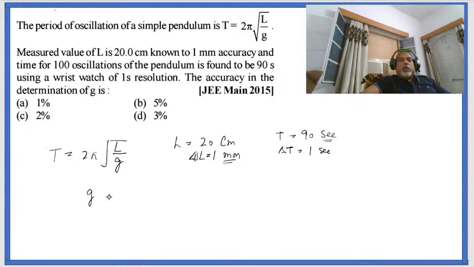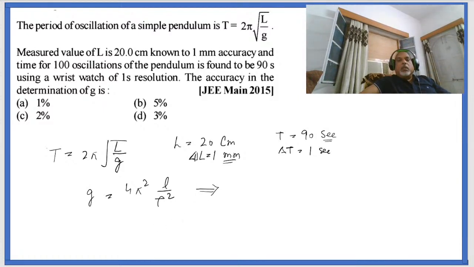So g is nothing but 4 pi square L upon T square.